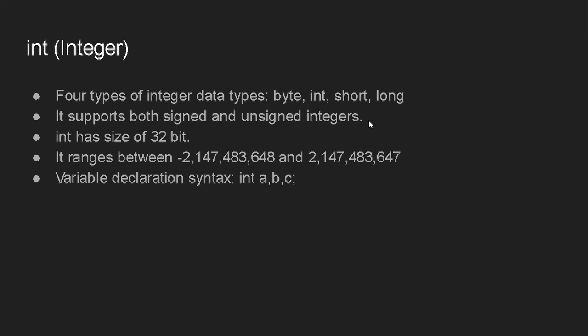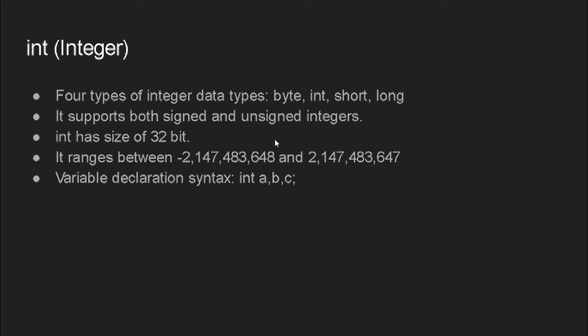If you are a C or C++ programmer, signed and unsigned are allowed in C, C++ and C#, but it is not allowed in Java because there is no keyword as such for signed and unsigned. So it is going to support both signed as well as unsigned integer. And the size, which I mentioned in the last slide, or you can call it width also, is 32 bits. Now 32 bits means we are talking about 4 bytes, because 1 byte is 8 bits.